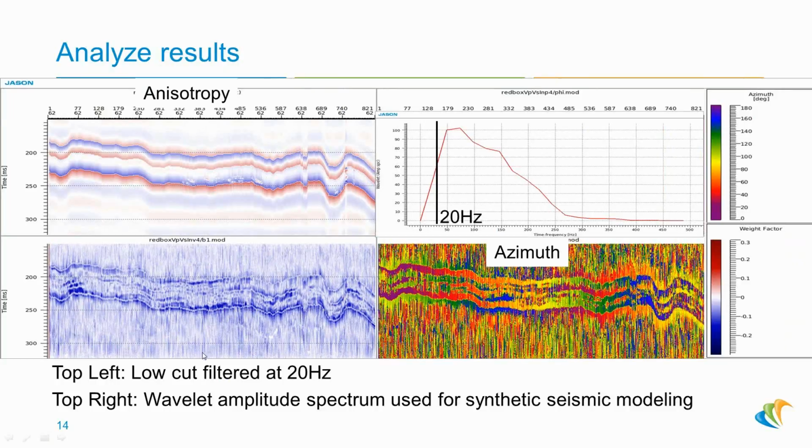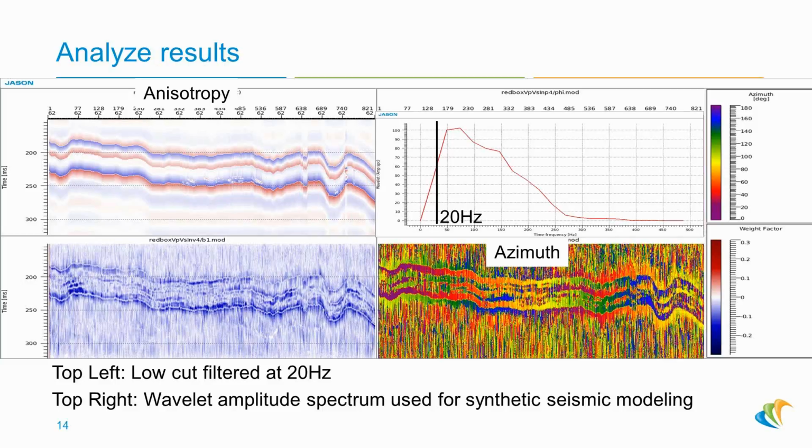So the lesson learned here is that the azimuthal analysis cannot reconstruct the low frequencies because they are not available in the seismic data, and you don't know what the low frequency model is in the first pass, so you're using an isotropic model as the low frequency model in the inversion. So you really need the low frequencies in the seismic data.